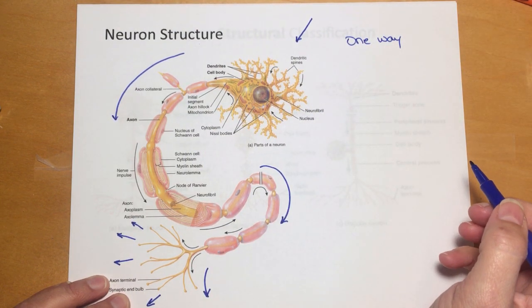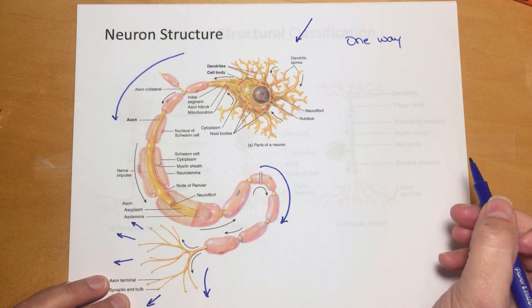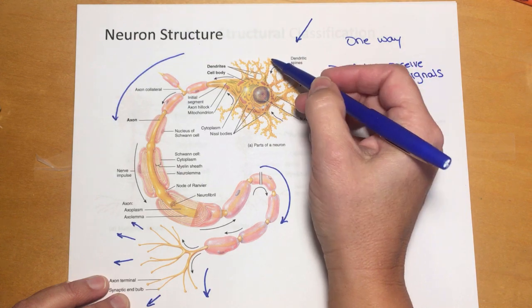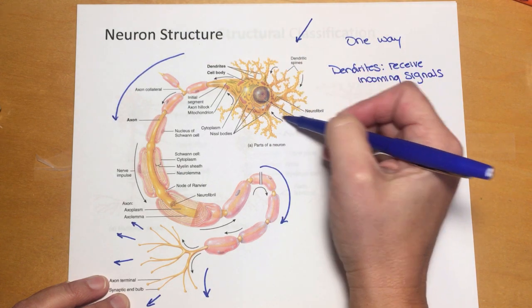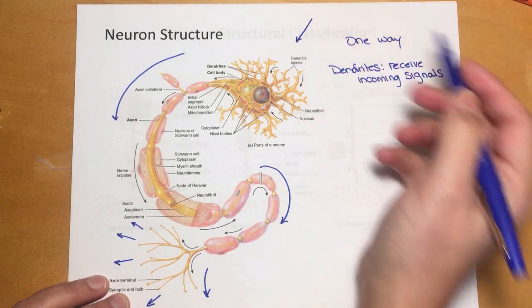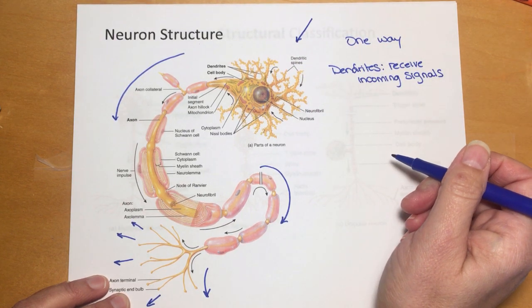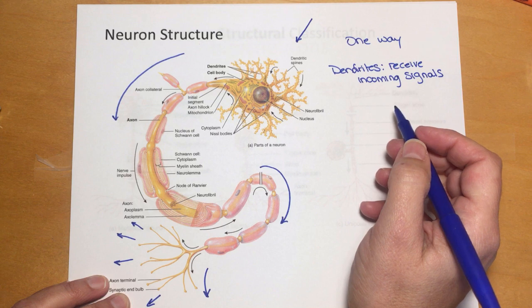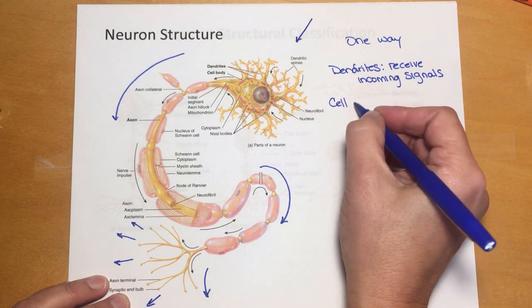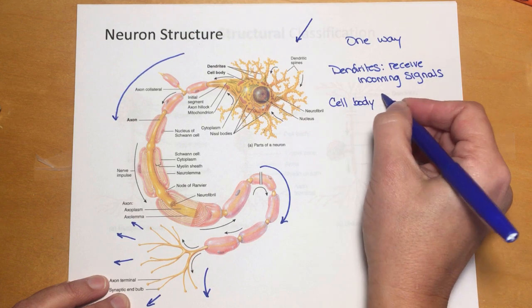So the part of the neuron that receives incoming signals are the dendrites. You can see there's lots and lots of little projections coming out here, and these are all the dendrites that are going to receive any incoming signals. Another important part of the neuron is the cell body. This is also sometimes called the soma.